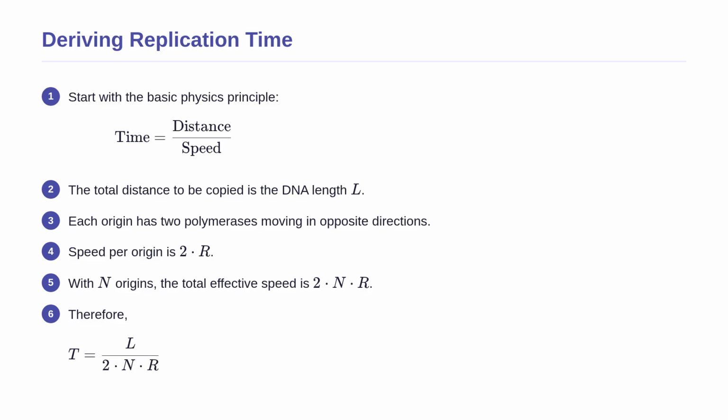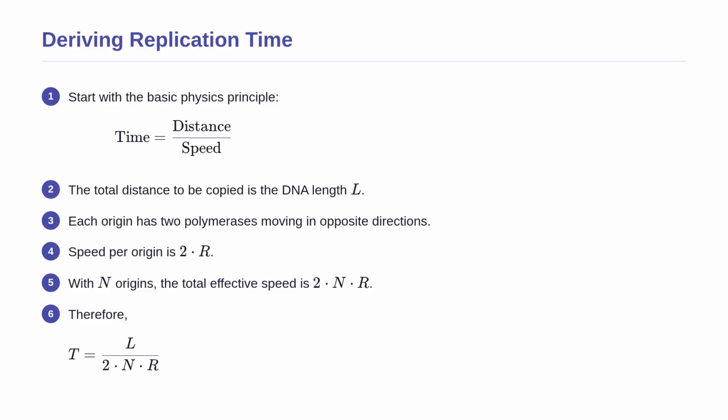Now that we have used this formula, let us understand where it comes from conceptually. We can derive this biological equation using a simple physics principle. Time equals distance divided by speed.